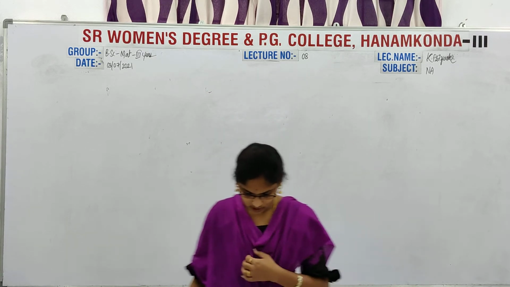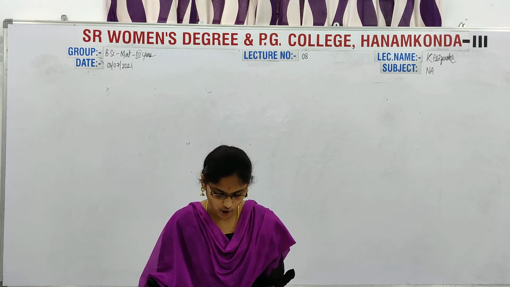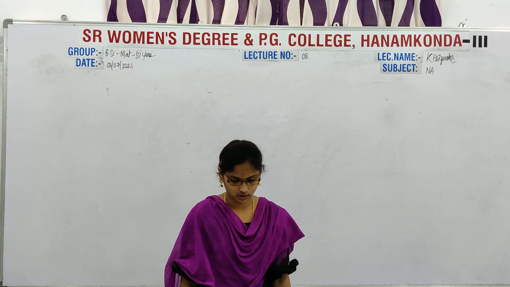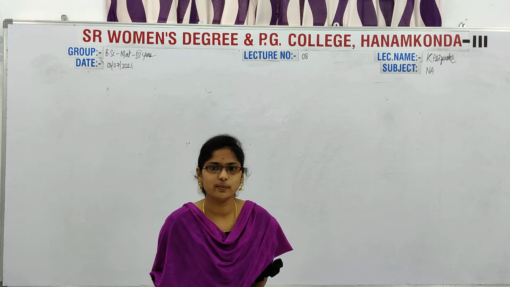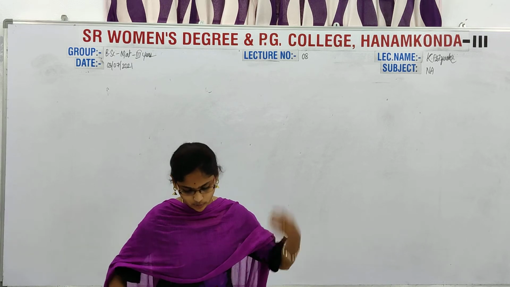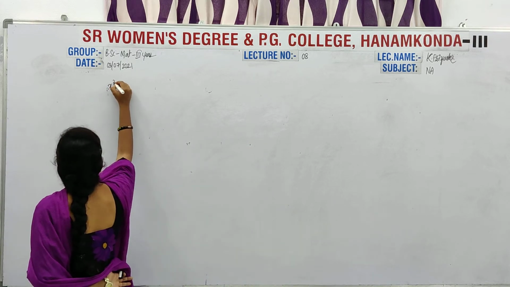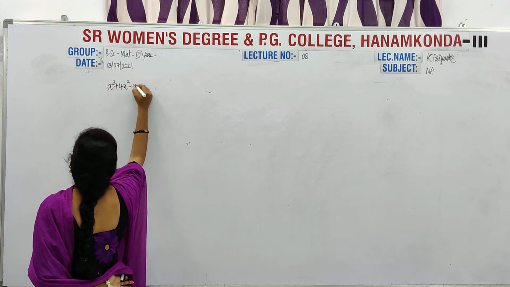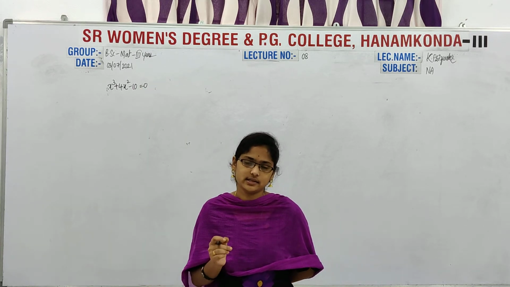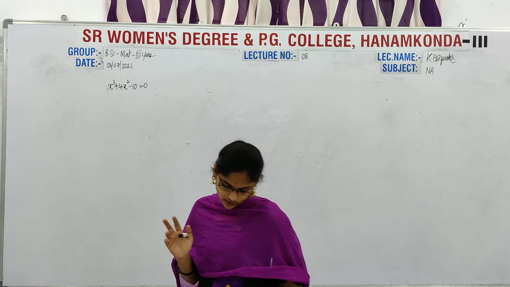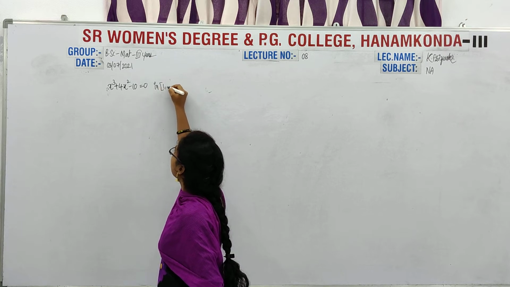Solve x cube plus 4x square minus 10 equal to 0 has a unique root in closed interval 1, 2.